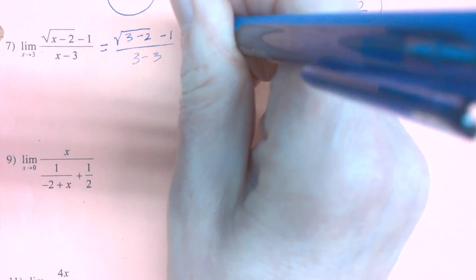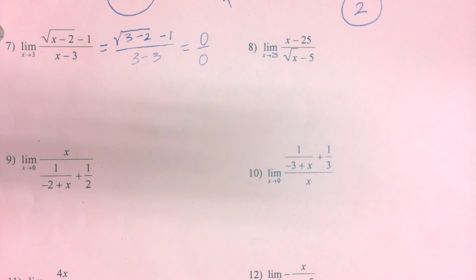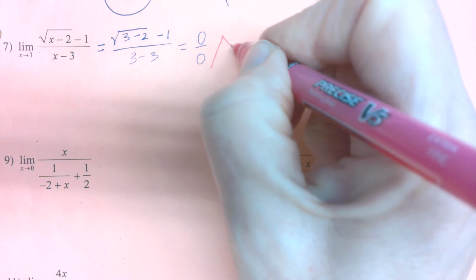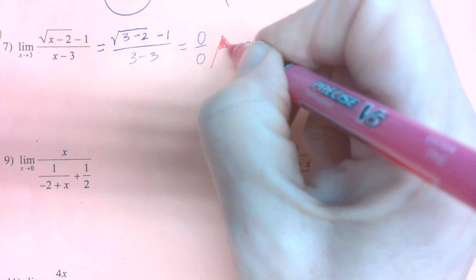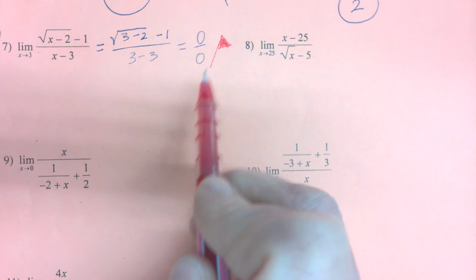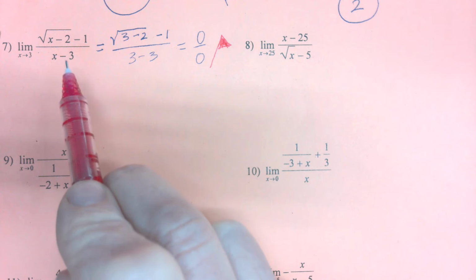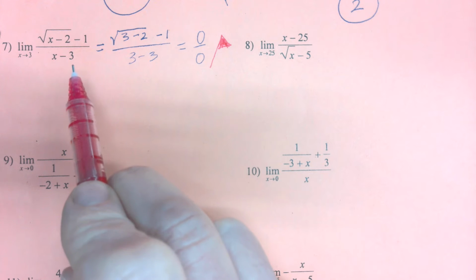Well, that equals 0 over 0. I said yesterday in your notes that that should raise a red flag. This is an issue. That means that algebraically this can be simplified some way.